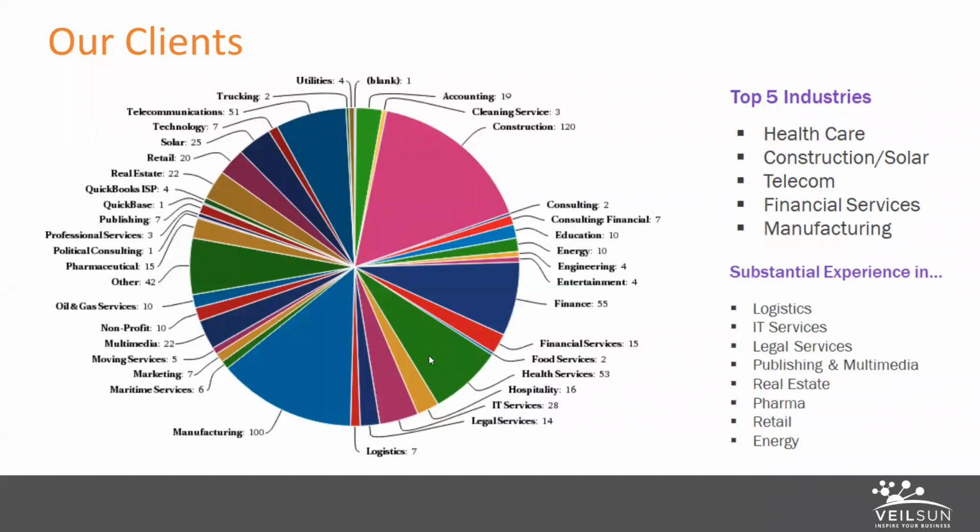To let you know a little bit about who we serve, and then we'll jump right in. Who we serve pretty much fits who uses QuickBase, so we work in every industry imaginable. Our top five industries are healthcare, construction, telecom, financial services, and manufacturing. As you can see from this pie graph, these are all of our projects by industry.